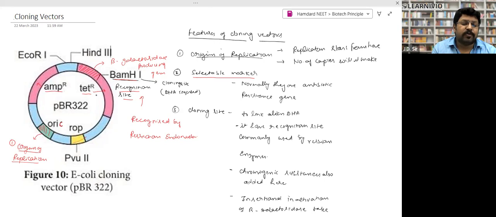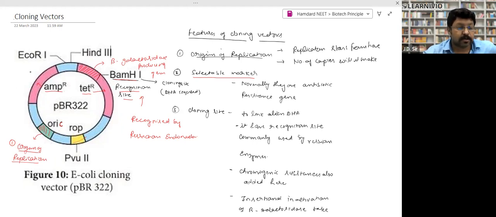So you have to differentiate recombinant bacteria from non-recombinant ones. So what will you do? You will put tetracycline in that medium. Non-recombinant bacteria will die and recombinant bacteria will not die, right? So they will work as a marker. They will mark your recombinant bacteria. That's why these genes are called marker genes. Clear? Look, I have written selectable marker.